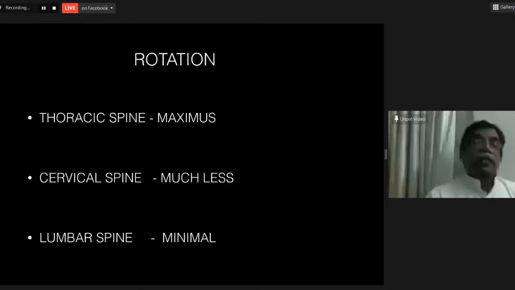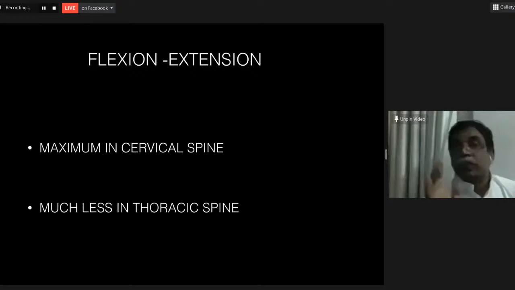It is maximum in the thoracic spine. It is lesser than thoracic spine in the cervical spine, but in lumbar spine, the rotations is absolutely minimal. The constraint to rotation is the bony structure. The rotation, which are inhibiting the abnormal rotations.